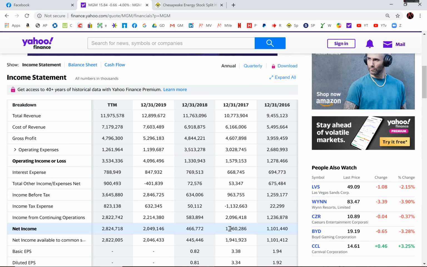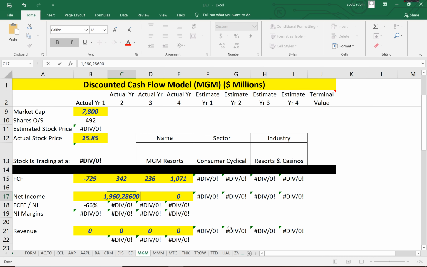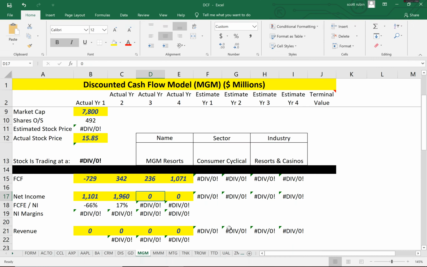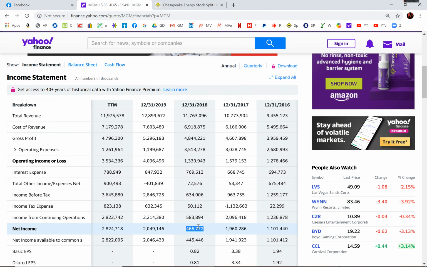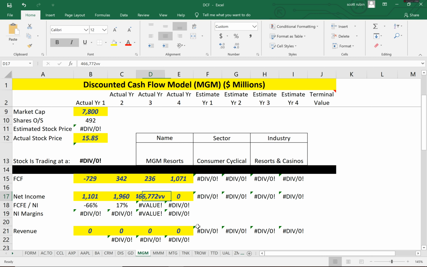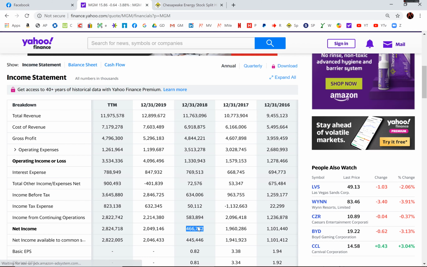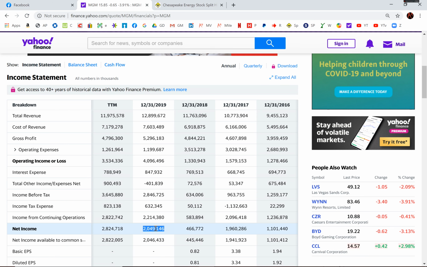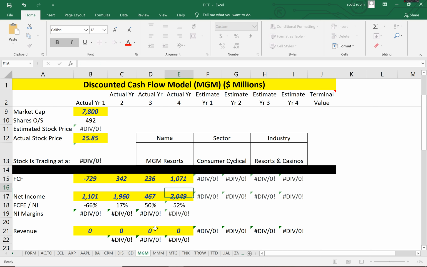So I need the prior 4 years for net income and free cash flow. And you can see free cash flow went from negative 729 million in year one, then into a positive 300 million, dropped a little, and then went up to $1 billion.